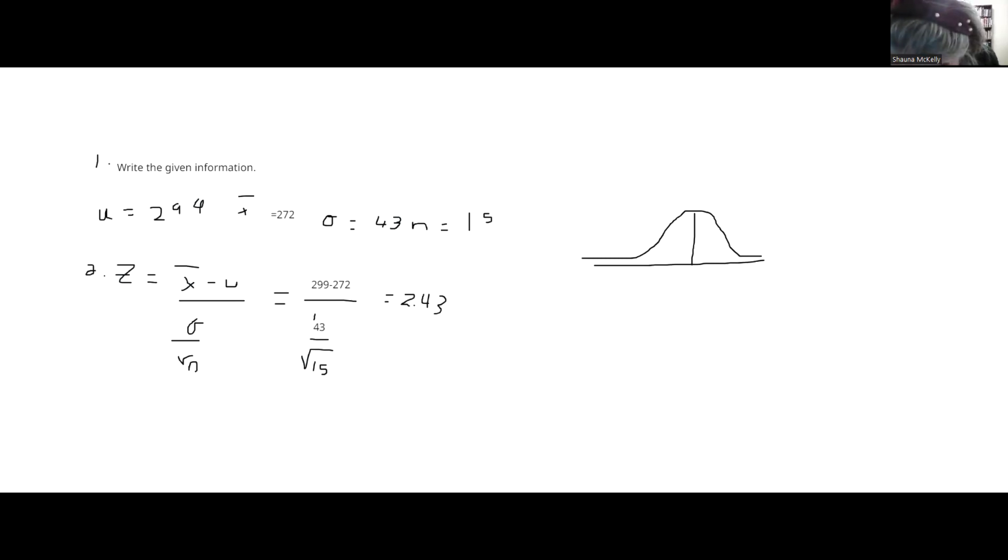Then this would be my X, but this would also correspond to my Z of 0. So what I'm going to do here is show two separate lines on here.